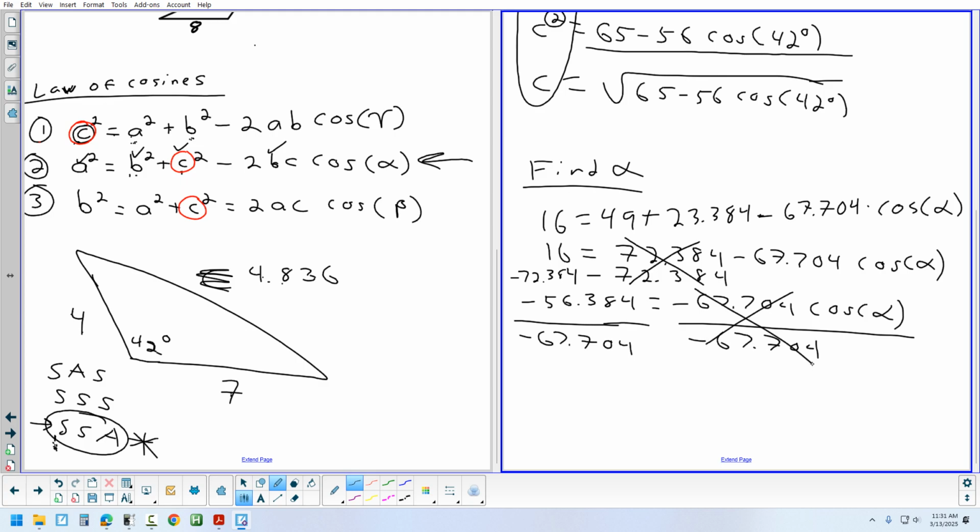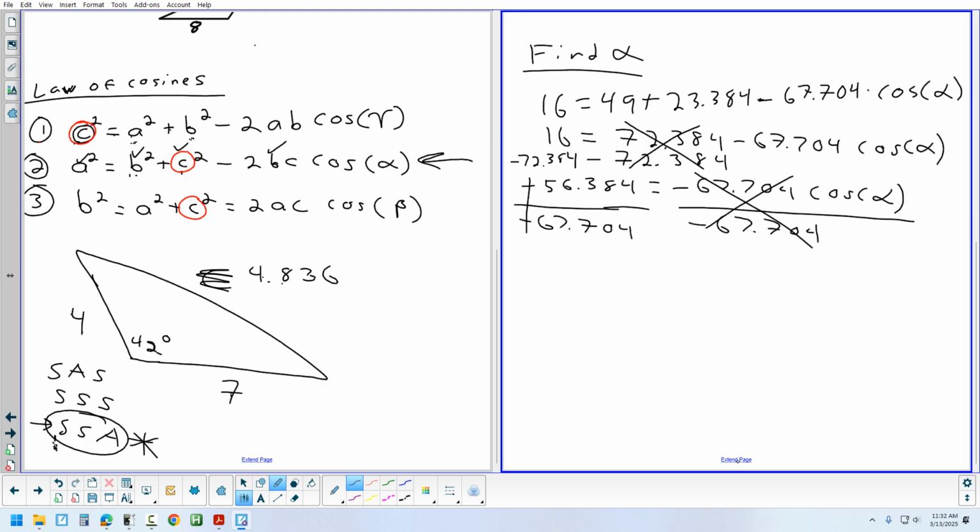The negative 67.704 is going to cancel on the right, and negative divided by negative is going to cancel those on the left. This I'm not even going to do out. Just leave it as negative 56.384 over negative 67.704 with their decimals, because if I do it out, I'm just taking something that's already rounded and rounding it again. So just leave it the way it is.